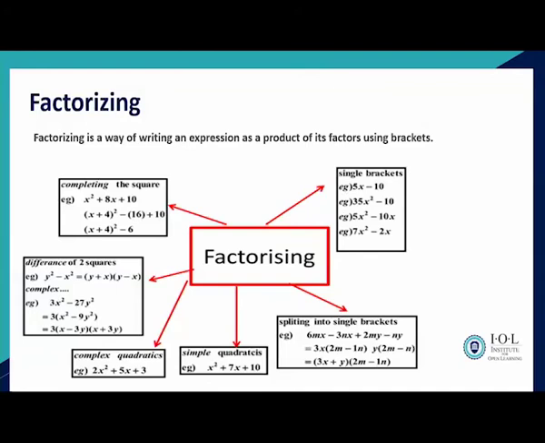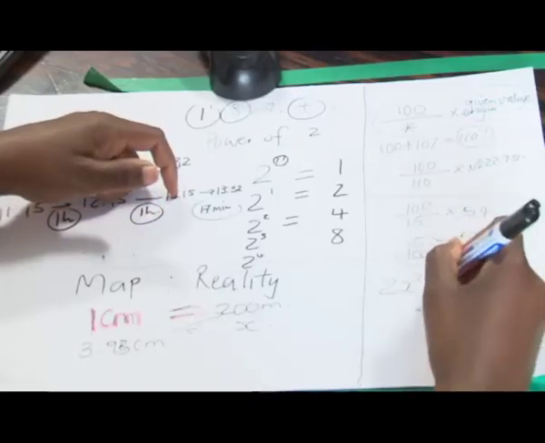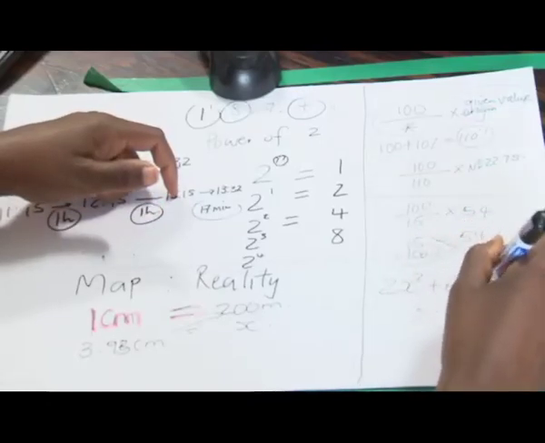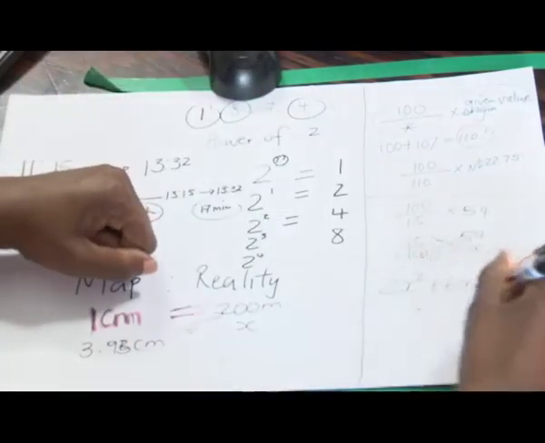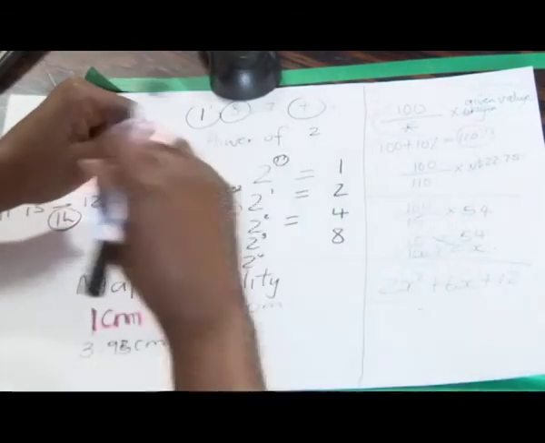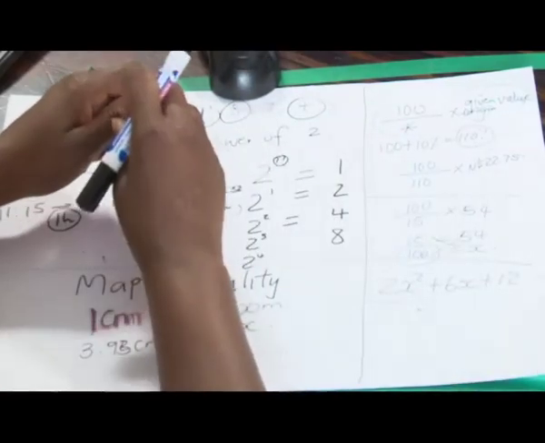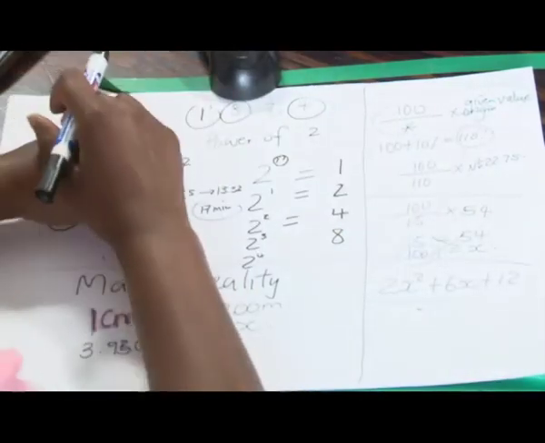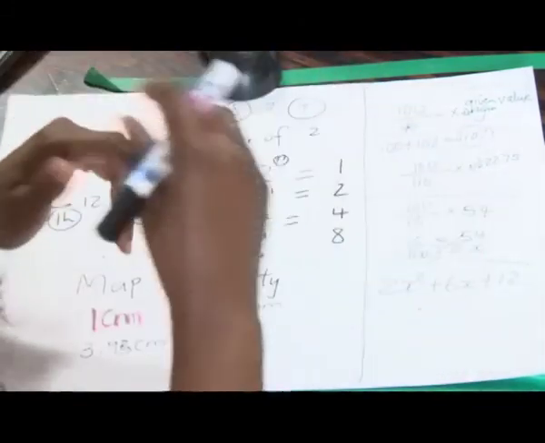For example, if I have to factorize 2x squared plus 6x plus 12, which method can you use? Is it taking out the common factor? Can it work? Is it grouping? Is it difference between two squares? Is it quadratic trinomials, whether simple or complex?